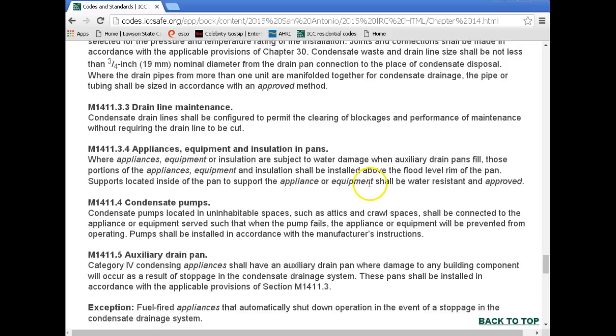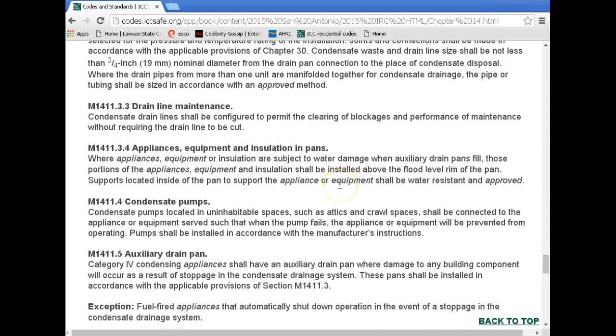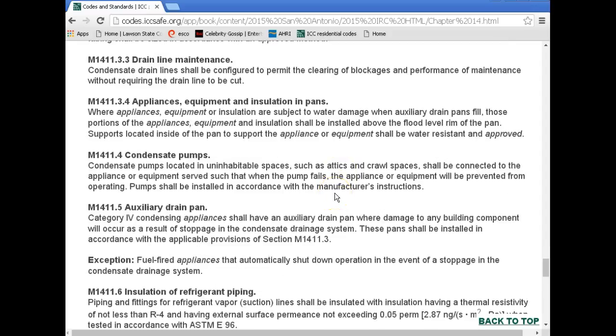All right, 14.11.4 condensate pumps. This is simply saying that if you use these pumps, they're going to have a kill switch, right?